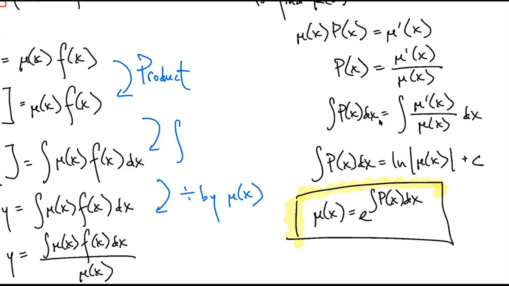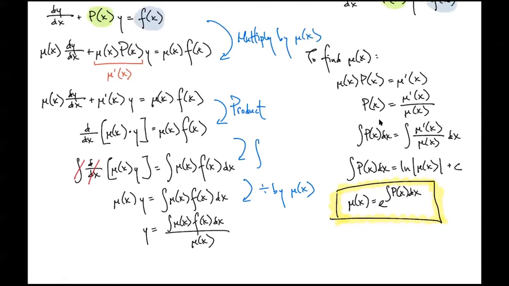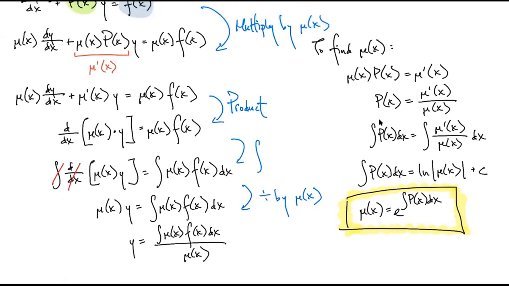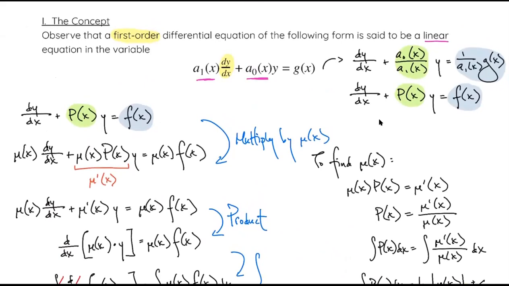Let's put a little bit of sunshine around this. If you want to find that magical function, you have to find p of x first. And how do we find p of x? That's what we got when we divided that a sub 1 of x away.